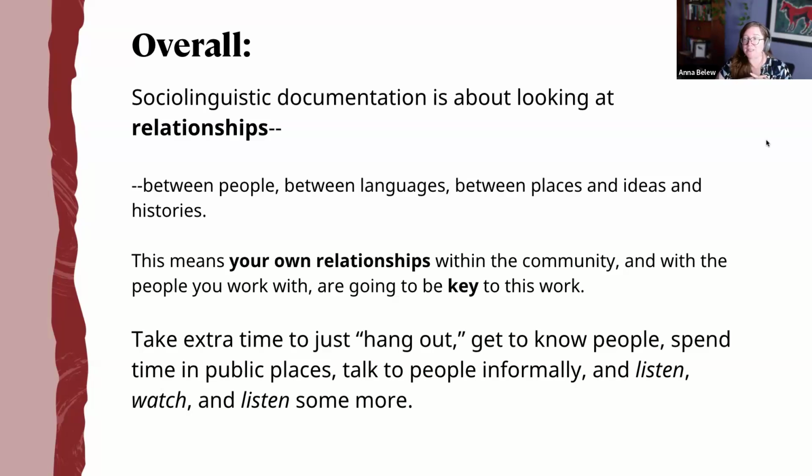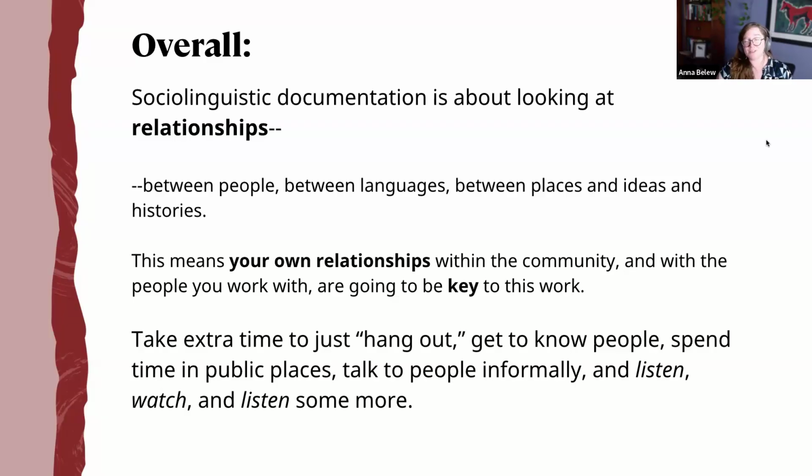It's all about the interplay and the relationships between all this stuff. And as always, but especially in sociolinguistic work, that means your relationships within the community and with the people you're working with are going to be extra, extra important to being able to do this work well.